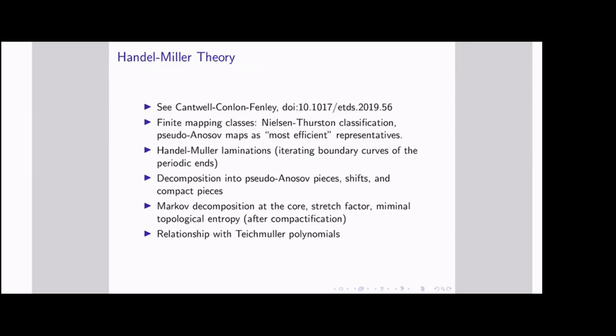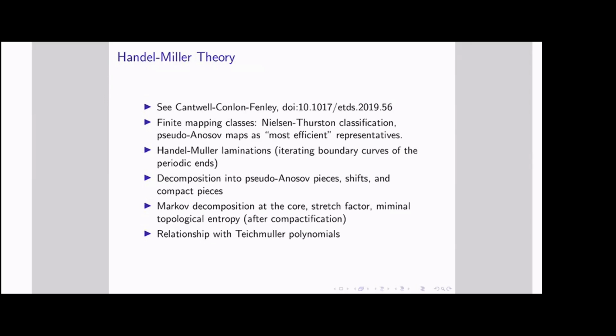It's not a really difficult argument, but it's a really long and complicated argument, where we need to deal with many different possible issues in topology. They had a lot of discussion of all the different possibilities for end-periodic mapping classes.